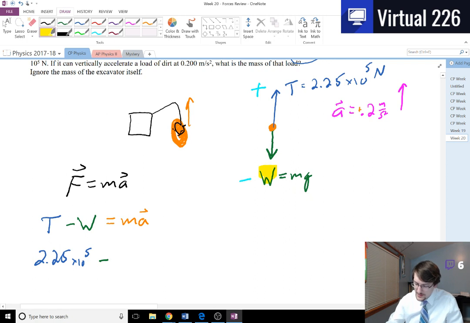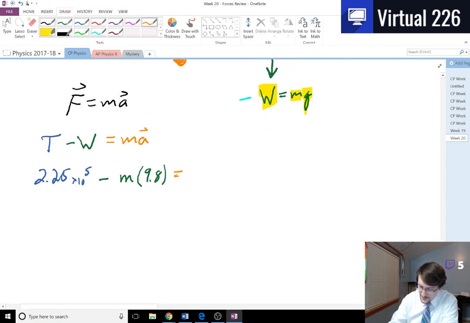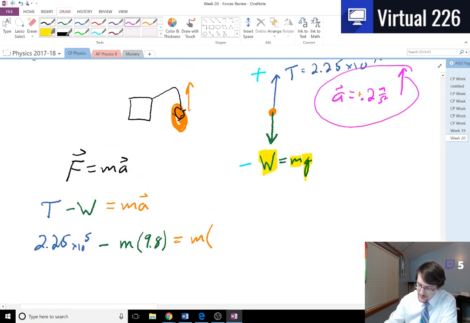That's actually F equals ma right here, acceleration due to gravity. So instead of putting in the W for weight, we can put in the mass we're looking for times good old 9.8. And that has to equal the mass we're looking for times the acceleration that we have, 0.2.